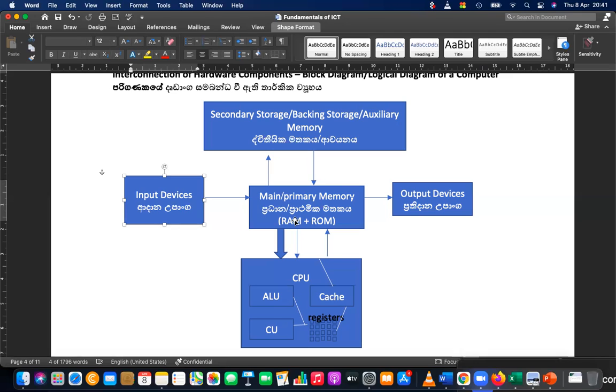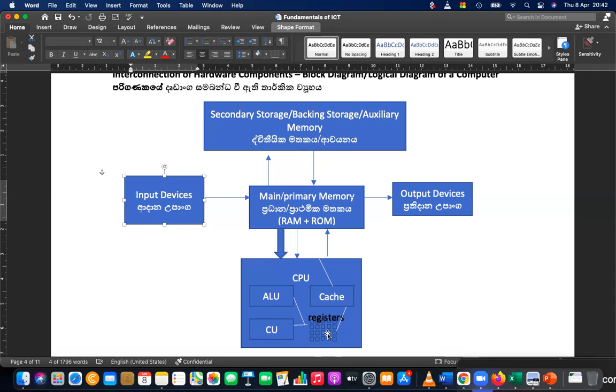Out of those slices you take one slice and eat. That is your cache. And that piece you divide into small parts with your teeth. That is registers. This is how the processing happens. Understood my example or not?